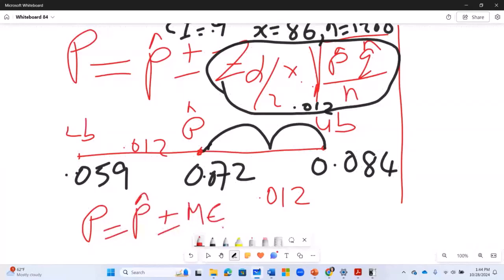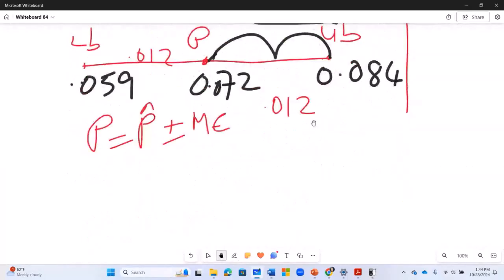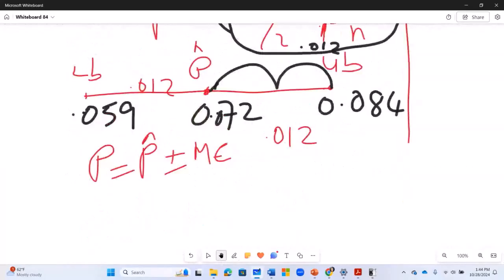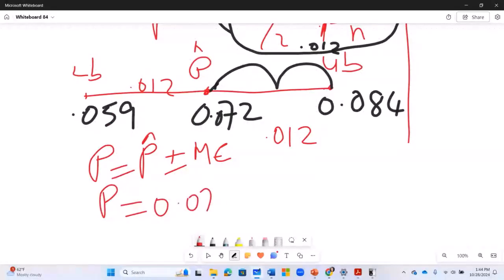And by the way, unless I'm told to write it this way, otherwise I go straight to the question. So the estimate of the population proportion is the sample proportion I found, 0.072, plus or minus the margin of error I calculated.